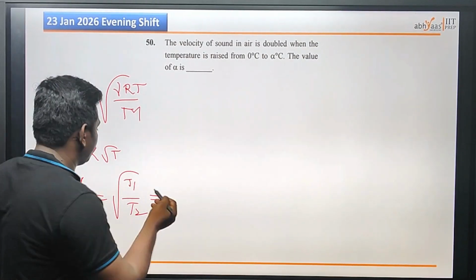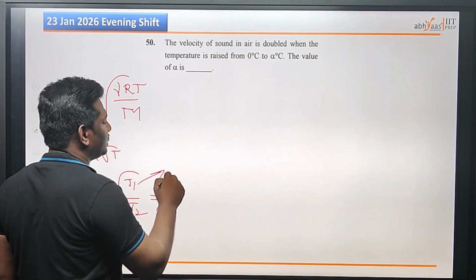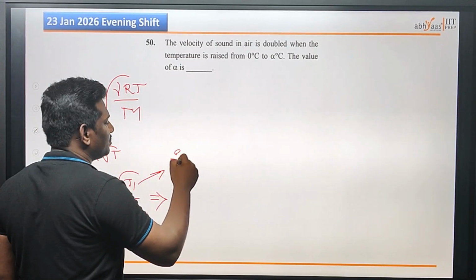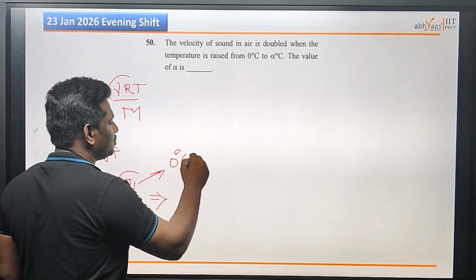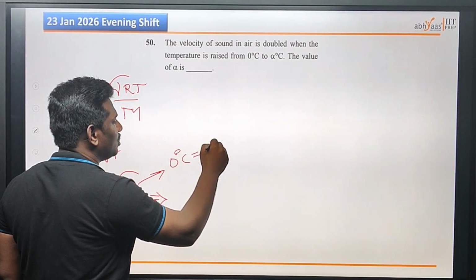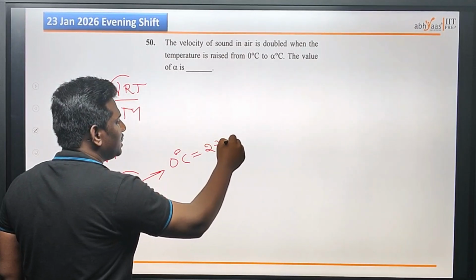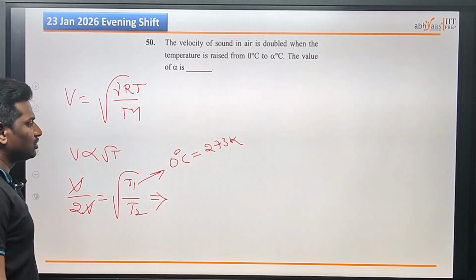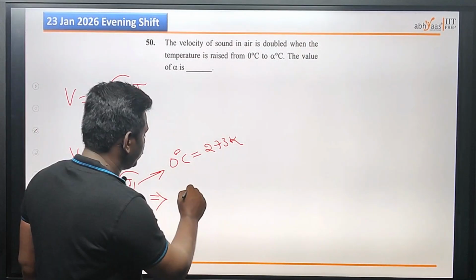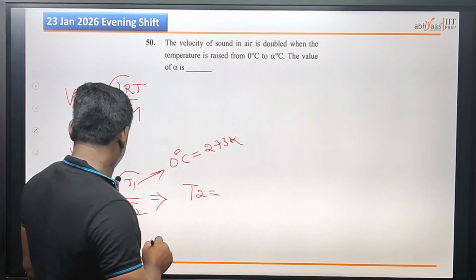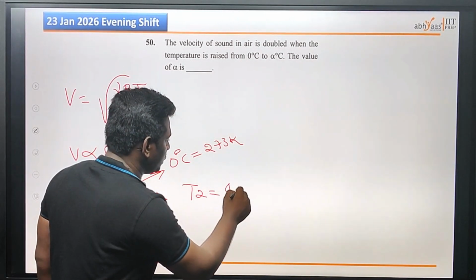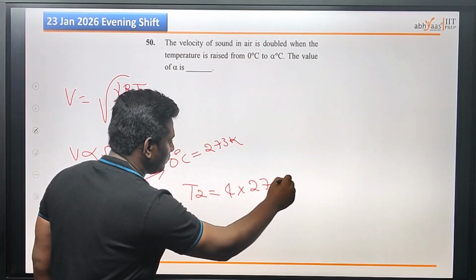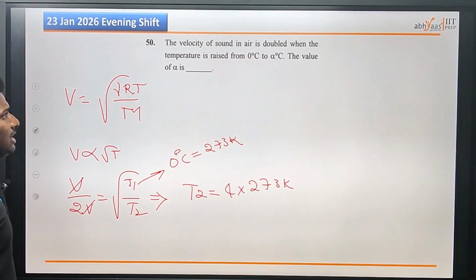What is the temperature? T1, that is 0 degrees. 0 degrees means you are not able to substitute 0 degrees. You have to substitute 273 Kelvin. T2 can be written as 4 times 273 Kelvin.